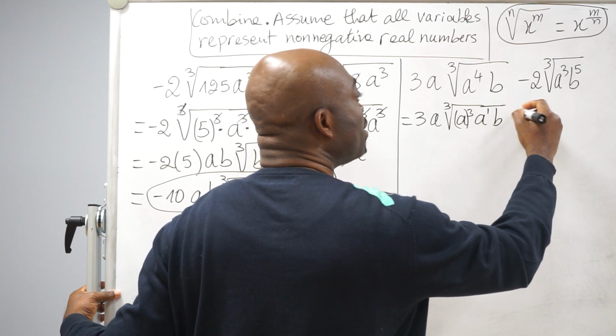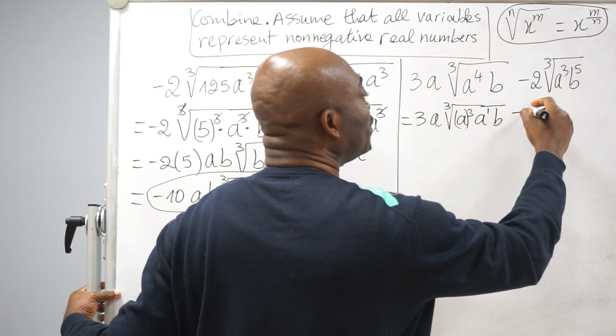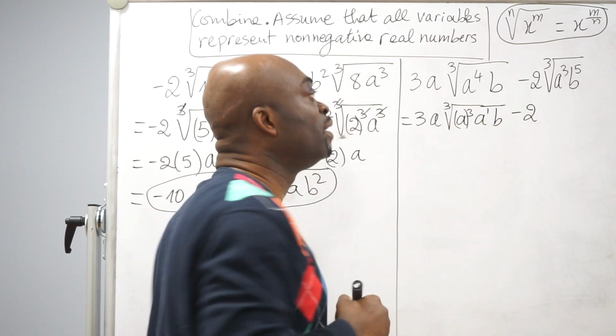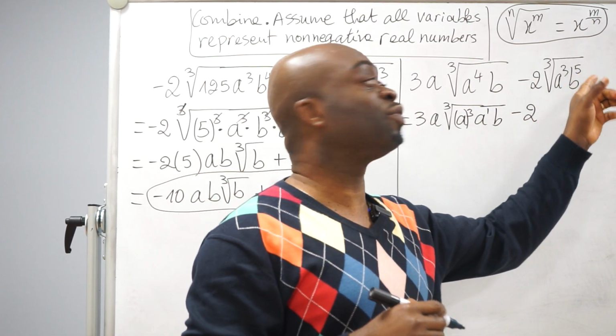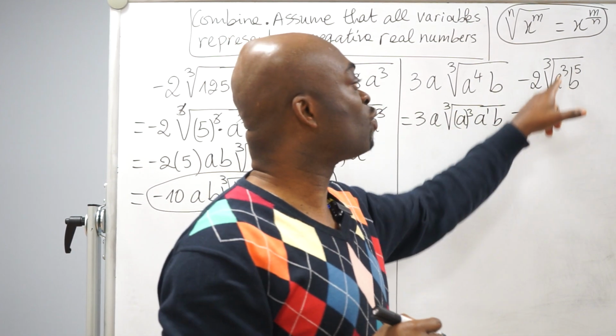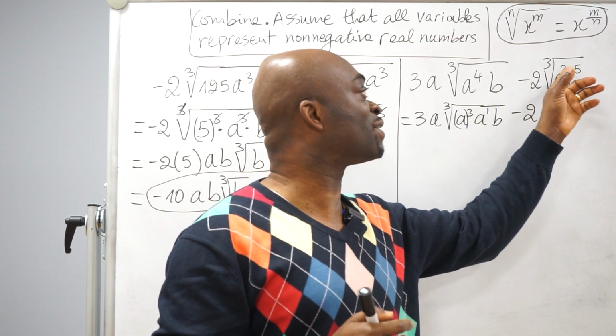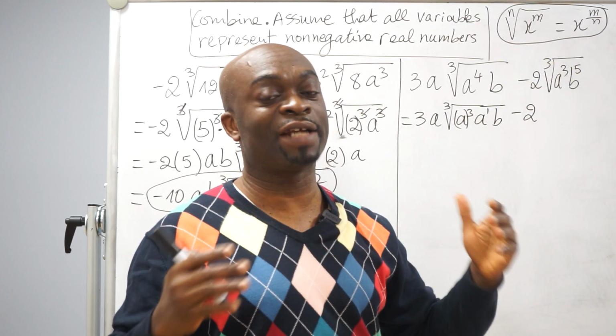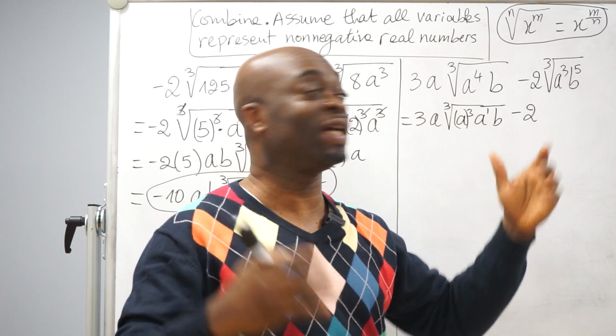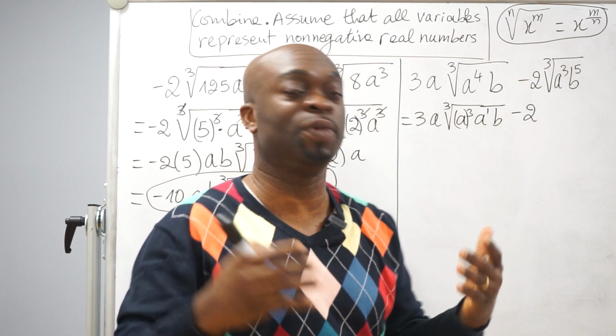All right, then minus 2 here, all right? And then the cube root of A to the 3rd power. This one is a perfect cube because anytime you have the same index and the same power, that is a perfect cube, whatever it is. So in this case, it's a perfect cube, all right?